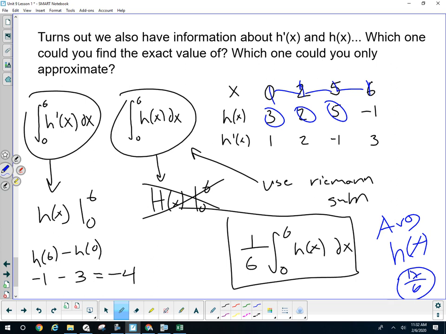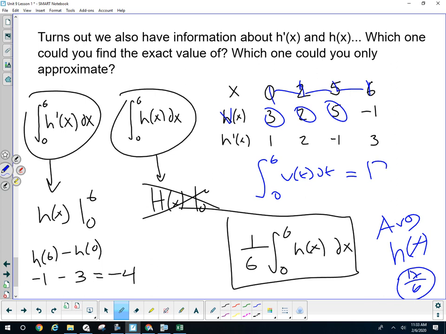You're going to have to be given V, use a Riemann sum to approximate this, and interpret that. So there's a lot of review. What would be the interpretation of this once you found it? The answer is 17 using a left Riemann sum. What's the interpretation of that if this is V?